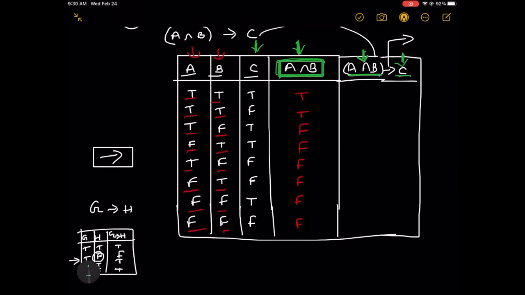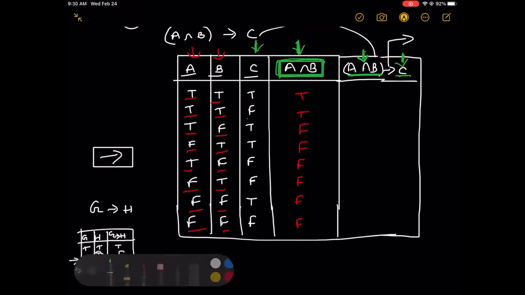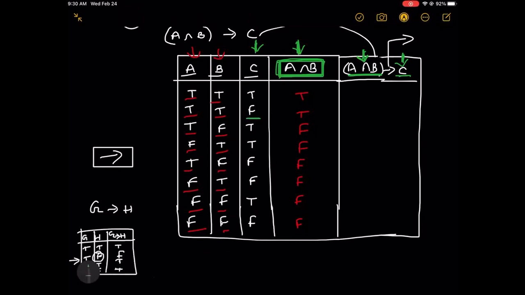So we are running short of time, so let me finish it quickly. So I can see only in this one, I have the first condition true, but second condition is false. Can you see that? So this will be false. Other than that, everything will be true. 1, 2, 3, 4, 5, 6, 7, 8.